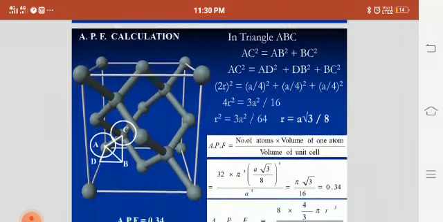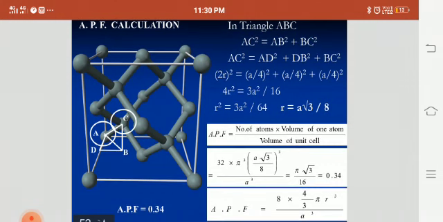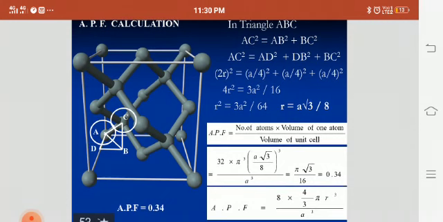Then we can calculate the atomic radius. The atomic radius of diamond structure is a into square root of 3 by 8, where we can take the triangle ABC from the nearest neighboring atoms at the edge. So we have AC squared is equal to AB squared plus BC squared. This is from Pythagoras theorem. So AC squared is equal to AD squared plus DB squared plus BC squared.